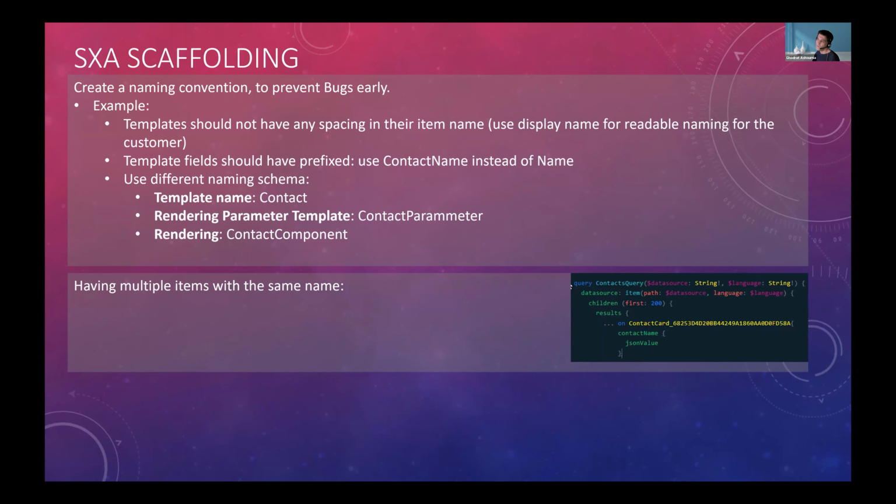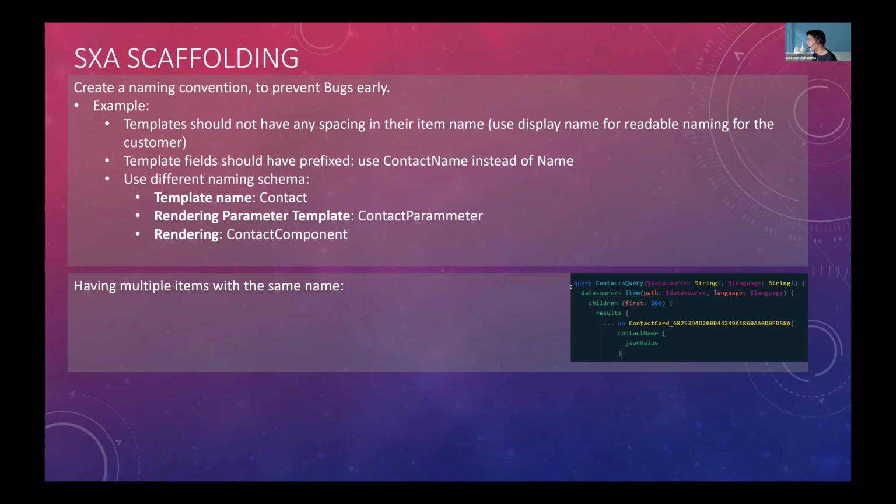On some of the environments, that ID was added to the template, and in some other environments, that ID was added to the rendering or rendering parameters. So it wasn't consistent. That was a bug in this algorithm. So that could be one source of the bug.